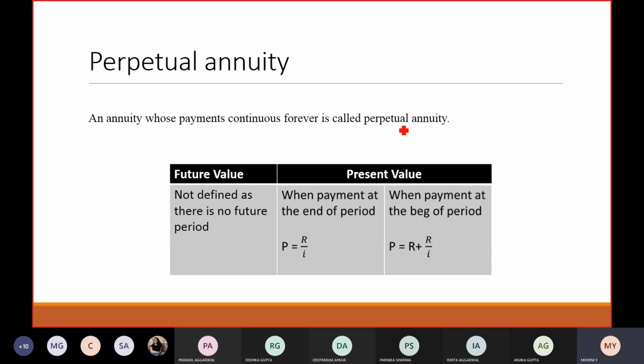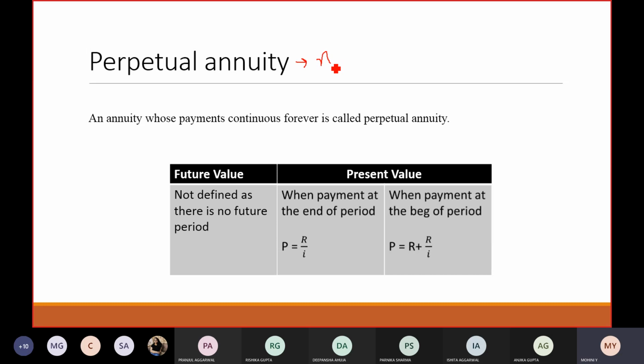Okay, so this is just a difference between perpetual and continuous. This is talking about the infinite number of years, and continuous annuity is talking about the continuous compounding of the interest rate, but the number of periods are fixed.